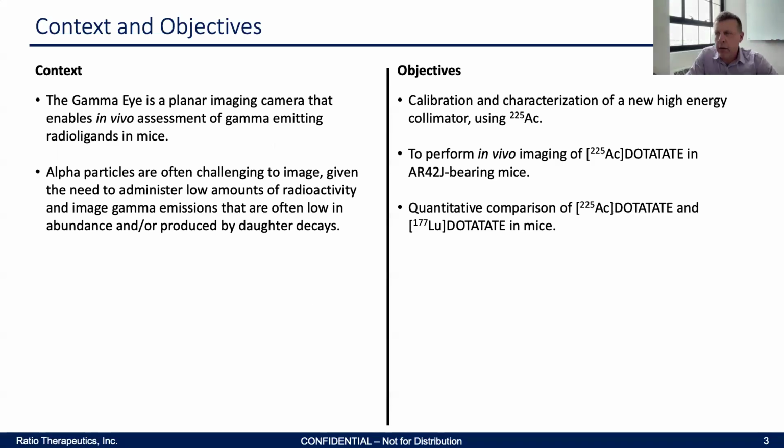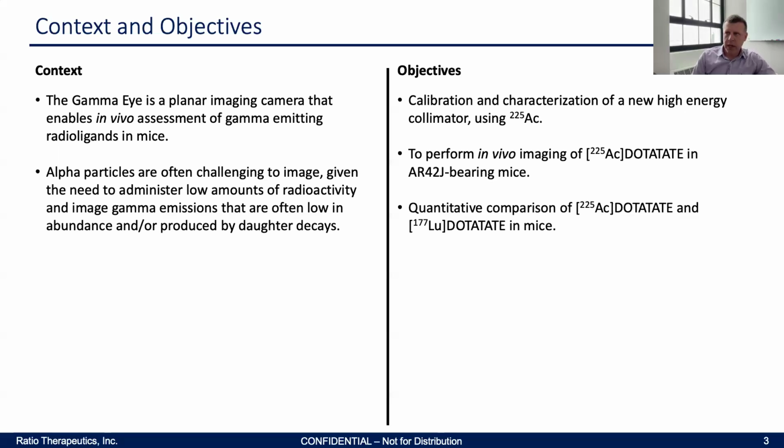So a little background first, just to set up the talk. We're going to be talking about some work with the Gamma-I, which is a planar imaging camera that we can use for in vivo assessment of gamma-emitting radioligands in mice. I think if you're joining this, we all know that radiopharmaceutical therapy with alpha-emitters is an active area in drug development and discovery.